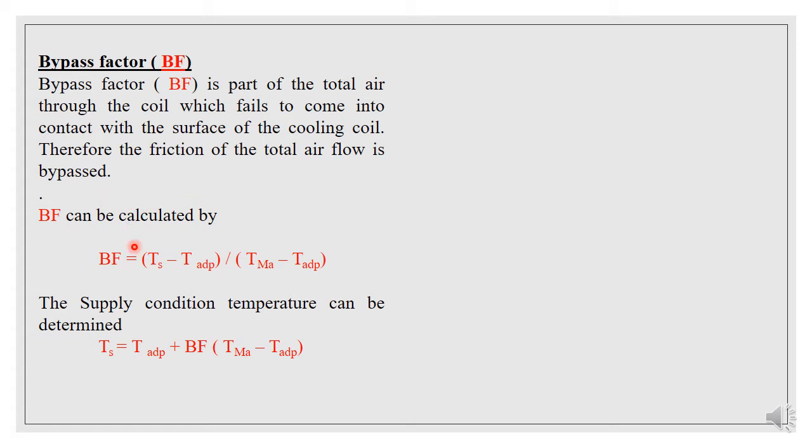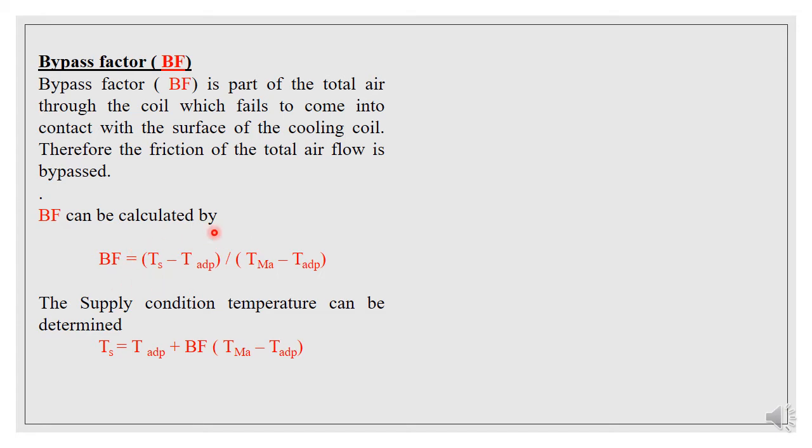So bypass factor is equal to the supply air temperature minus the apparatus dew point temperature, divided by the subtraction of the apparatus dew point temperature from the mixed air temperature.